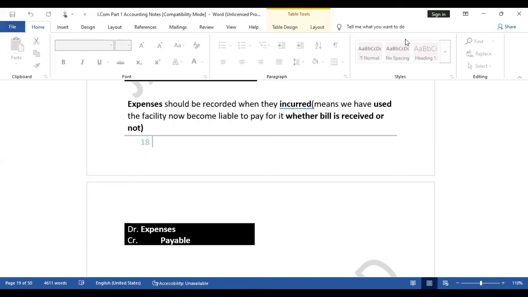For example, the electricity for 30 days that has been used is debited, but the bill has not been received and therefore not paid. So we will generate a payable liability account. So the entry will be expenses debit, payable for the expenses credit.